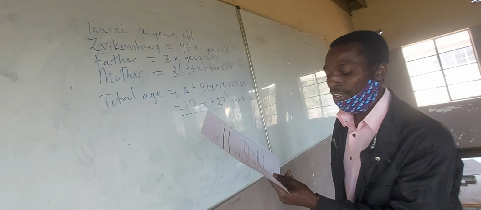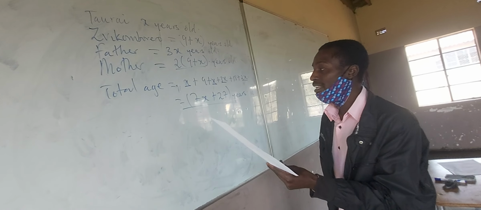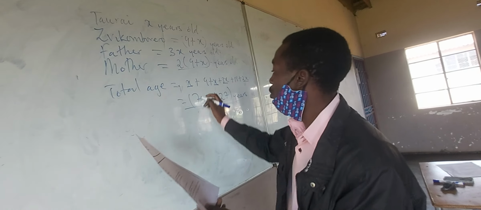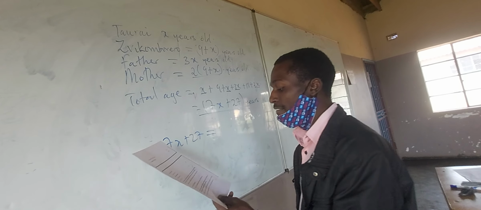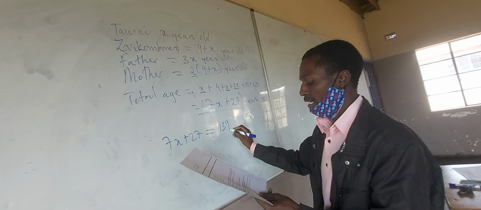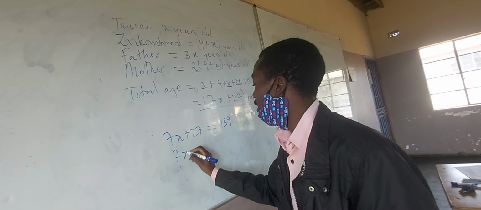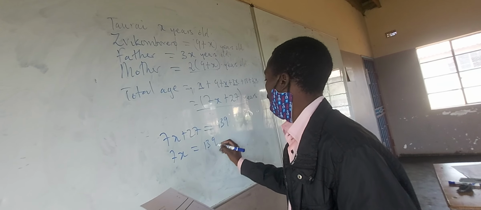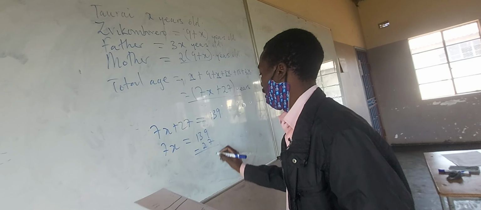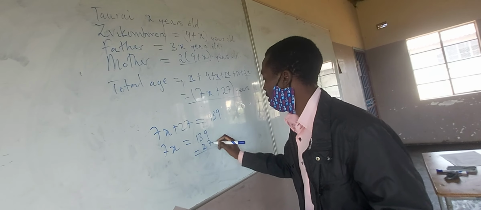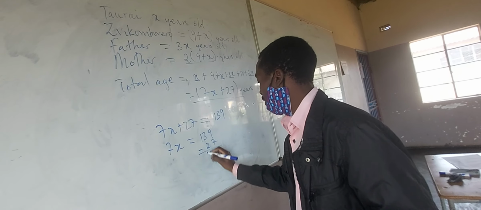Right? So item B, given that the sum of the ages of the 4 members is 139 years, find the value of x. So now this total, which is 7x plus 27, is given as 139. So now we say 7x is equivalent to 139 minus 27, right? 9 minus 7 we get 2, 3 minus 2 we get 1.